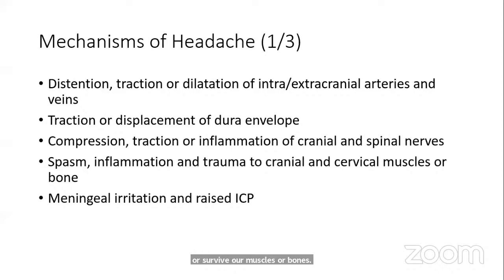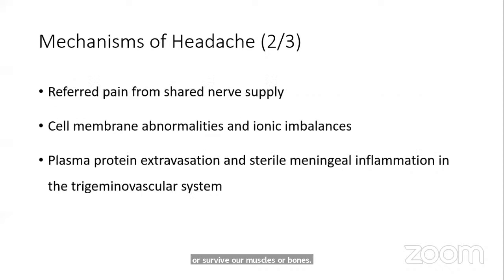Irritation or raised intracranial pressure as well will cause headache. Headache can also come out as pain from a shared nerve supply. There can be cell membrane abnormalities, imbalances, especially in cases of low magnesium in hemiplegic migraine.